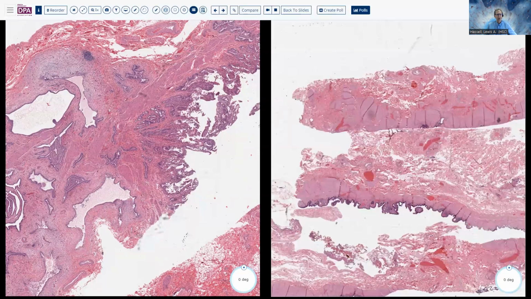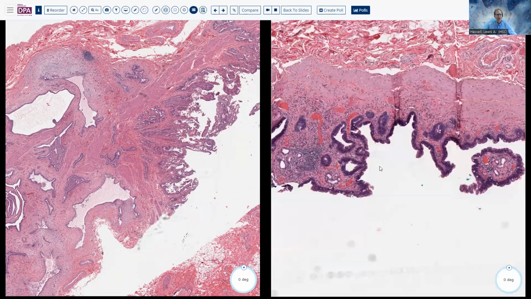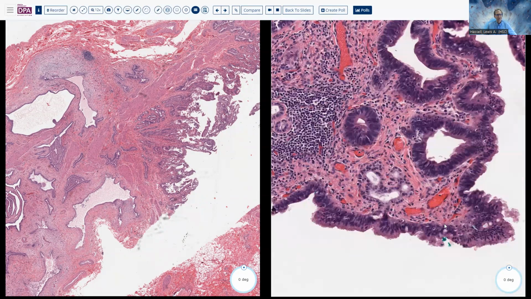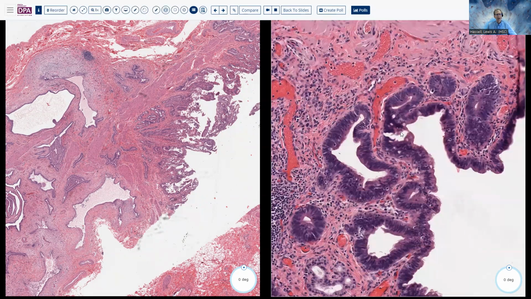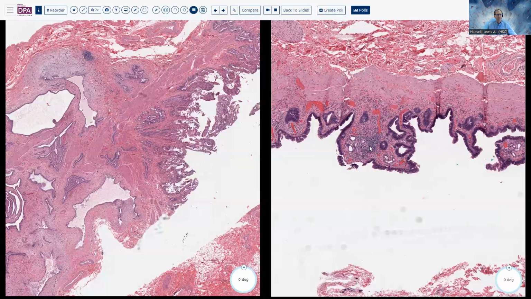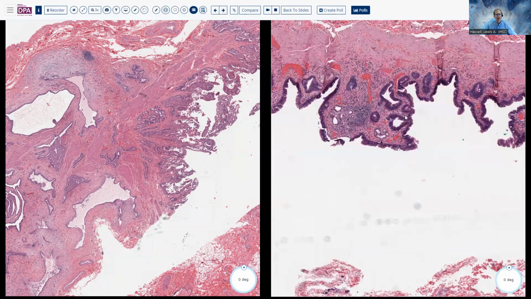So let's look here at what some dysplasia looks like in the gallbladder, just to familiarize you with that. Here you see conventional type dysplasia, glandular crowding, pencilloid nuclei, hyperchromasia, and no particular change in architecture, maybe with some preserved normal gallbladder mucosal glands here in some areas.